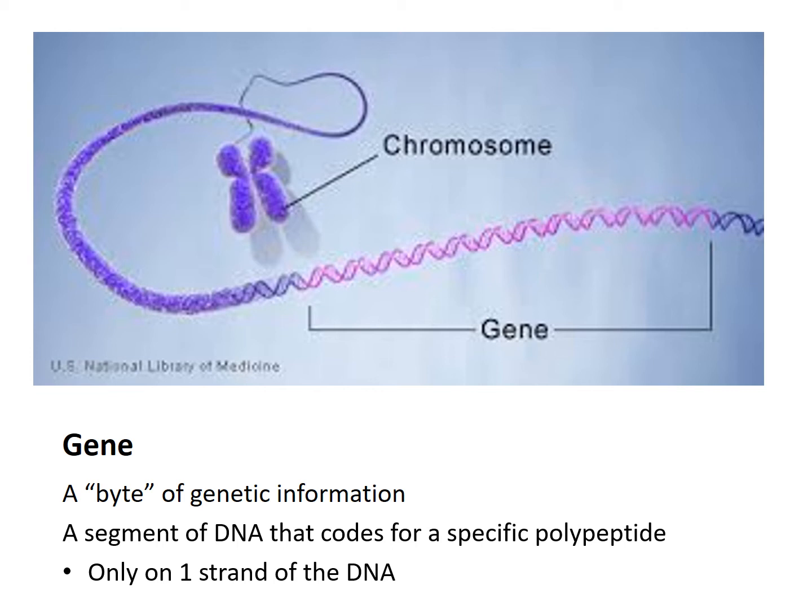A polypeptide is a simple type of protein, but sometimes proteins are made up of multiple polypeptides put together. So I'm going to distinguish a protein, which is a bigger structure, from its constituent polypeptides. A gene, if we're talking about DNA, exists on only one strand.